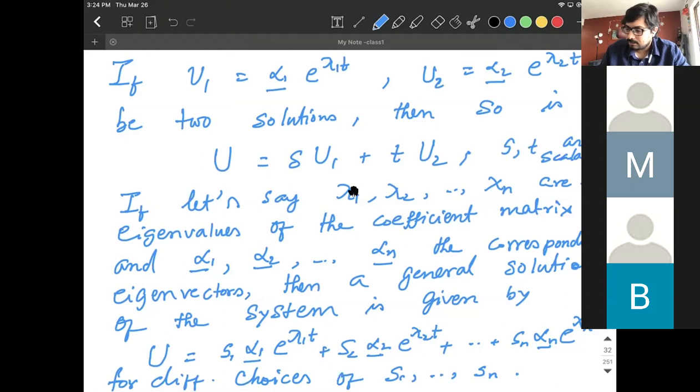At the end, if lambda 1 up to lambda n are n eigenvalues with corresponding eigenvectors, you take a linear combination of those functions, and that will be a general solution. Is it clear what S is? S is a real number, or rather, a real or complex number.